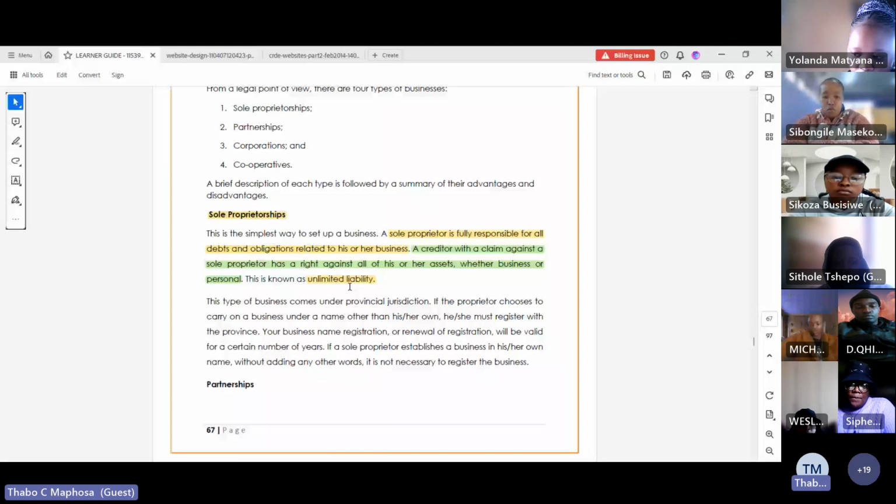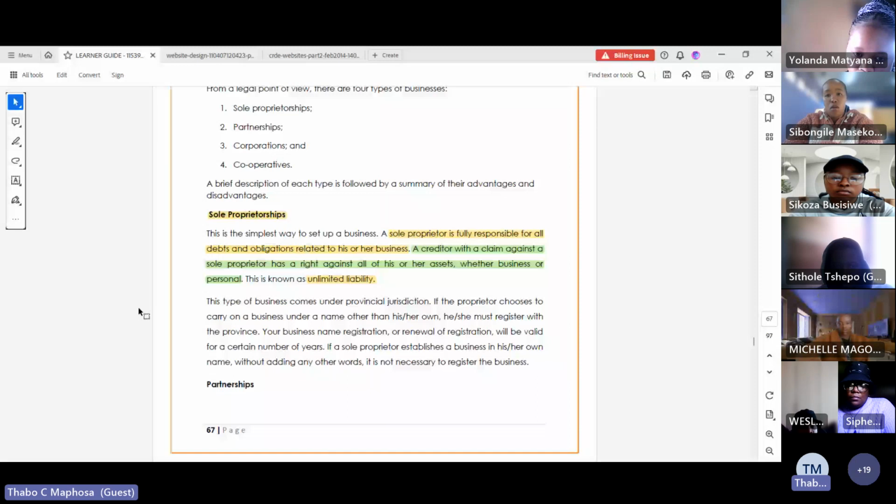So if you're running a sole proprietorship and you incur some debt, and then something happens in your business and you are not able to pay off that debt, those creditors that have claims against you can even come into your house and get your fridge, your TVs and so on, to be paid back whatever you took from them. That's how far the liability can go.